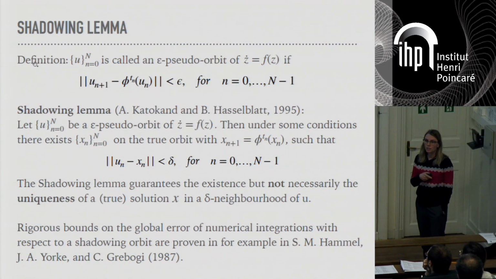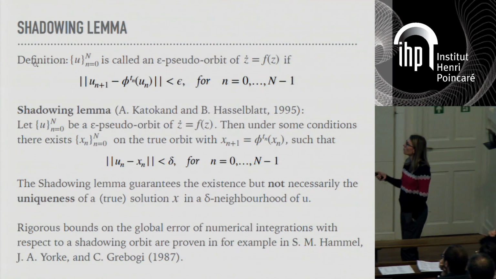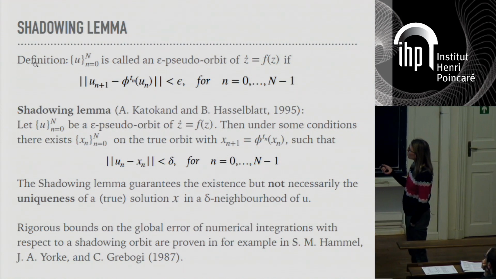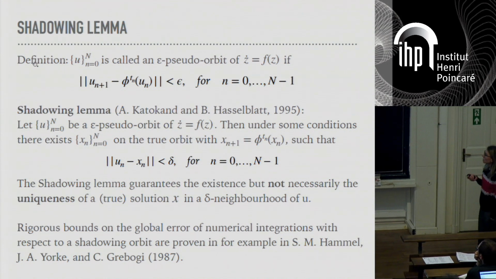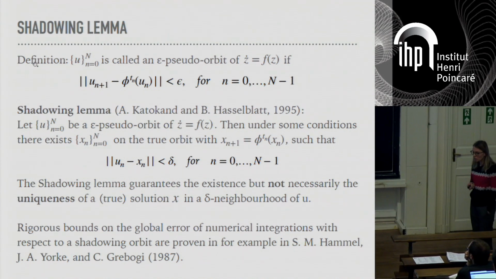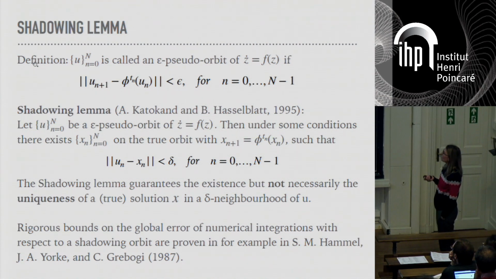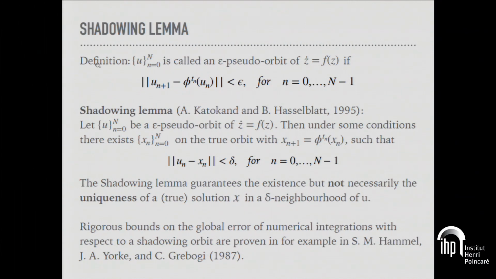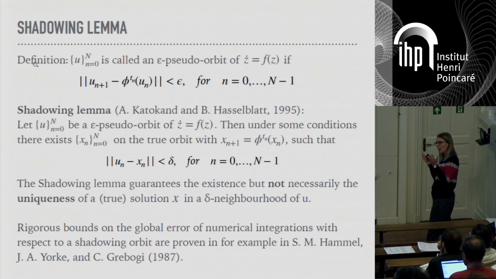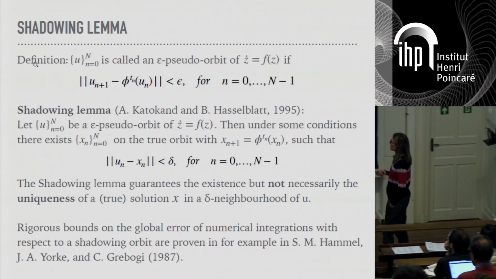Meaning that at least at some points we will reconstruct the true orbit close enough, within delta. So the shadowing lemma actually guarantees that there is a solution in a delta neighborhood of the true orbit. However, it doesn't necessarily tell us about the uniqueness of the solution. So there might be several solutions, but they will all be in the delta area of this true solution x n.